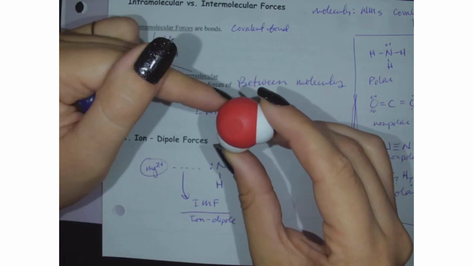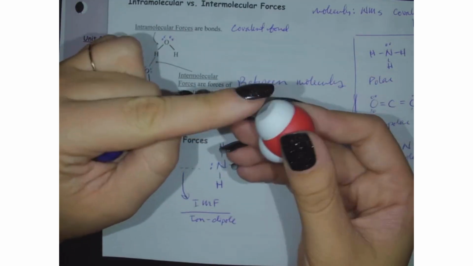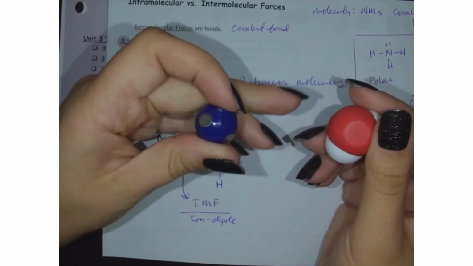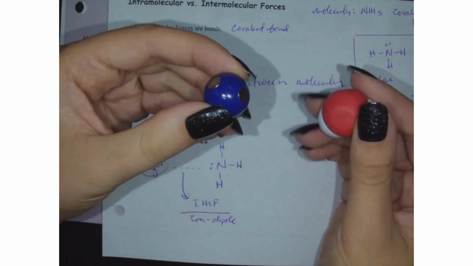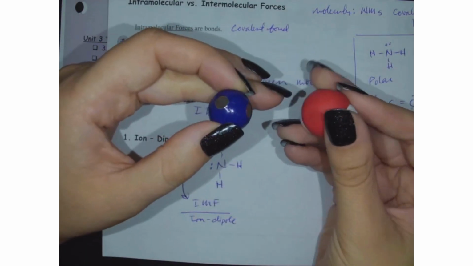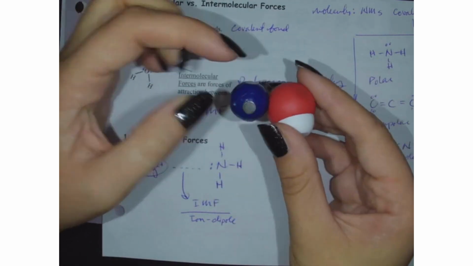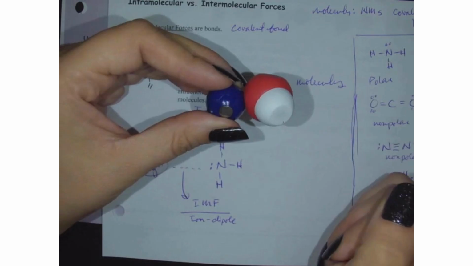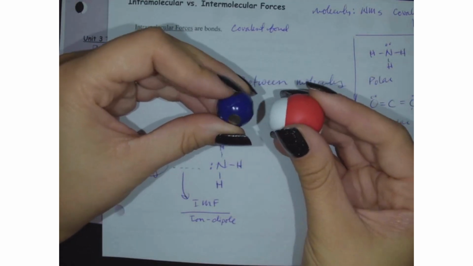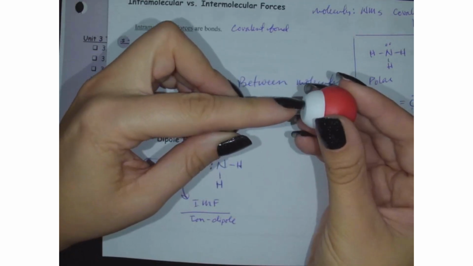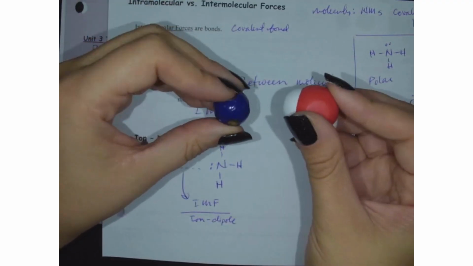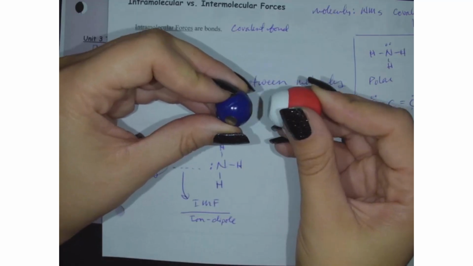There's a negative region and a positive region of this molecule. Those are dipoles. Now here's my cation, and here's my negative dipole, so there's an attraction between the positive ion and the negative part of this molecule. There's not an attraction between the positive end of the molecule and the positive ion. They repel.